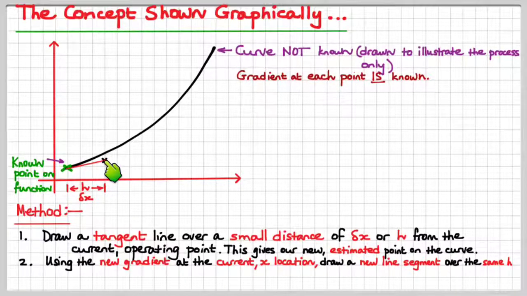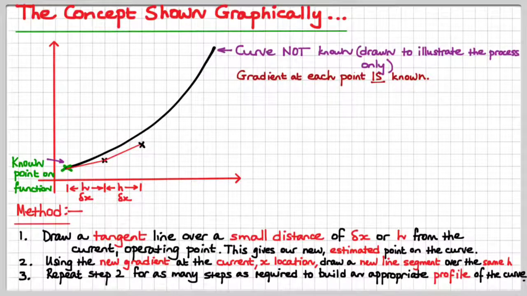Okay, so you start here, use the gradient at this location of x here, and you draw a new line segment over that small h. Okay, like that. Okay, get it? And that way we're building up a profile of the curve. Okay, there's our new delta x over which we did that estimate of where the curve's going to go from here to there, okay? But using a different gradient at this point. That's why this line here's got a slightly different slope to that line there. Okay? How are you going?